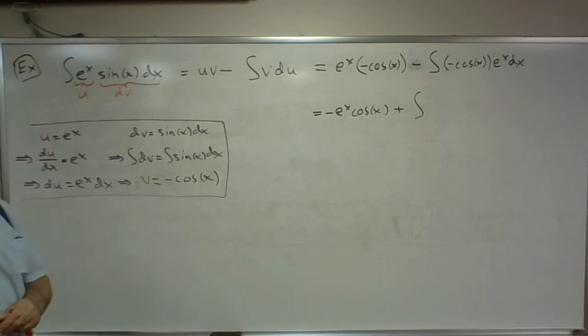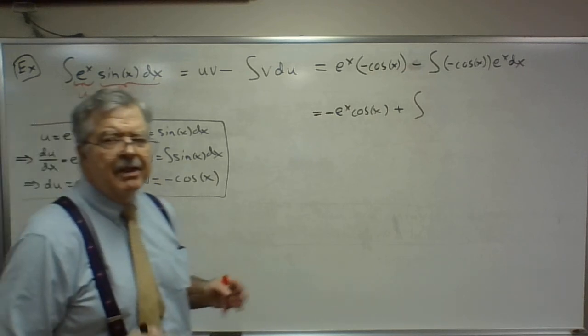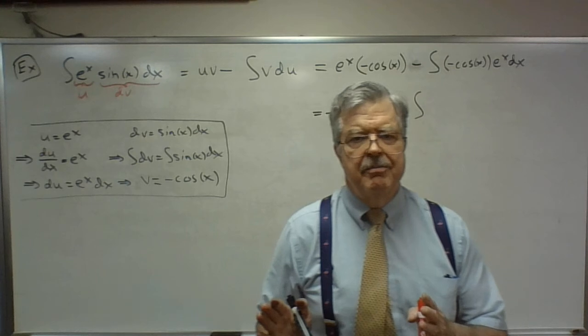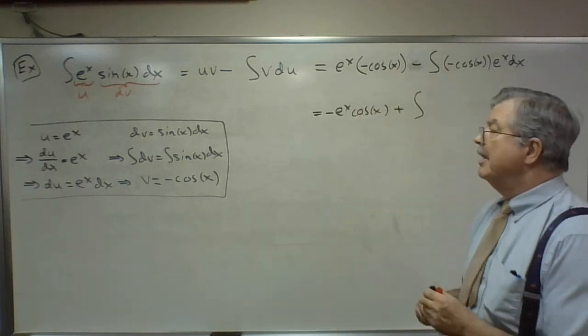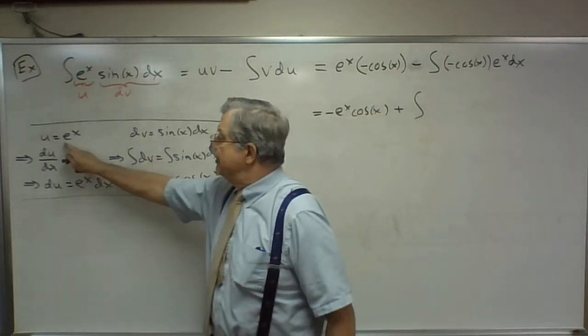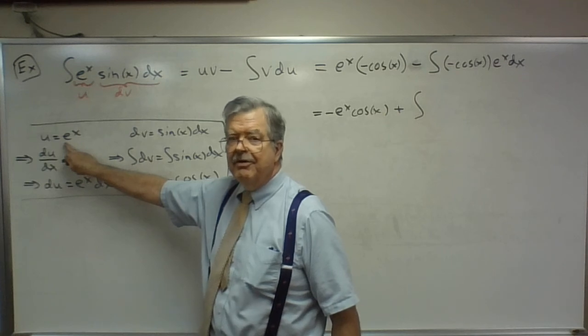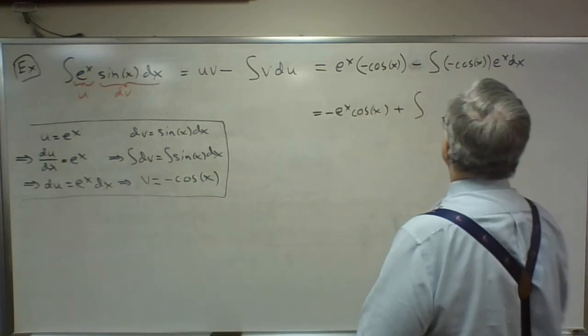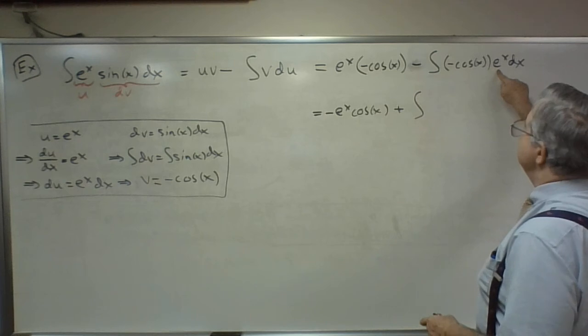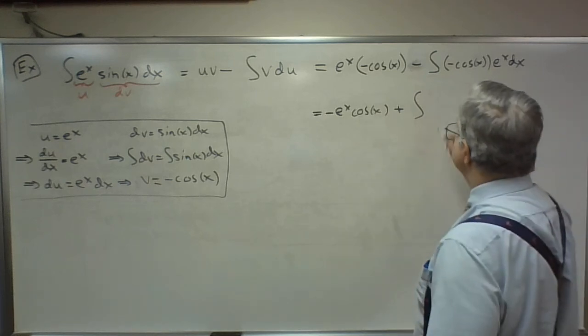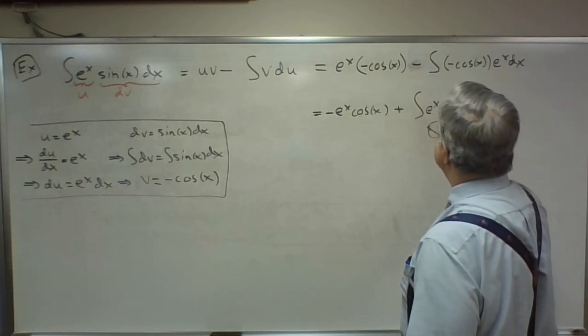And remember my third rule of thumb? Don't switch horses in midstream. If u was the exponential function the first time around, then we're going to let u be the exponential function the second time around.